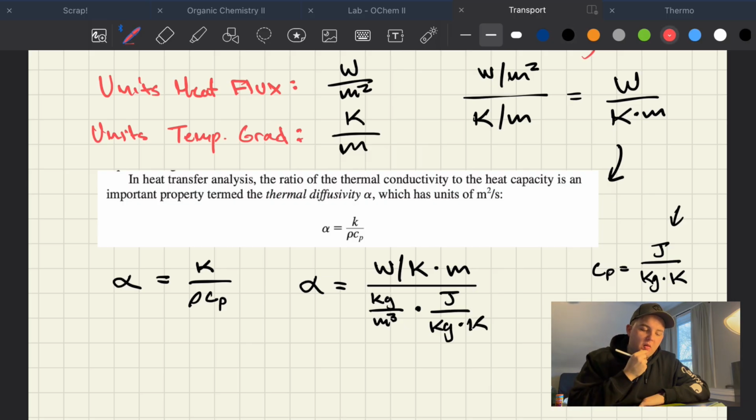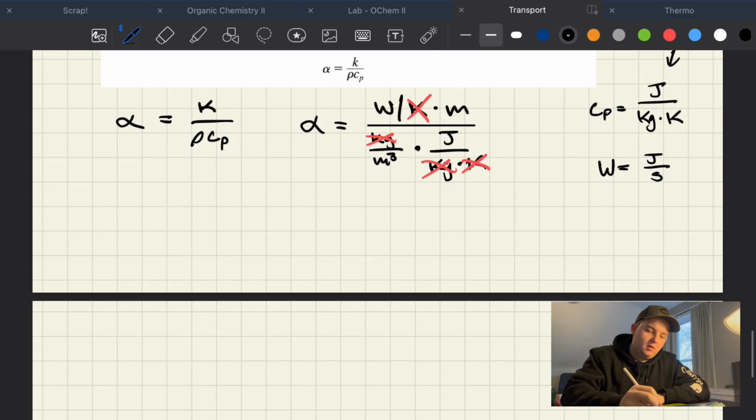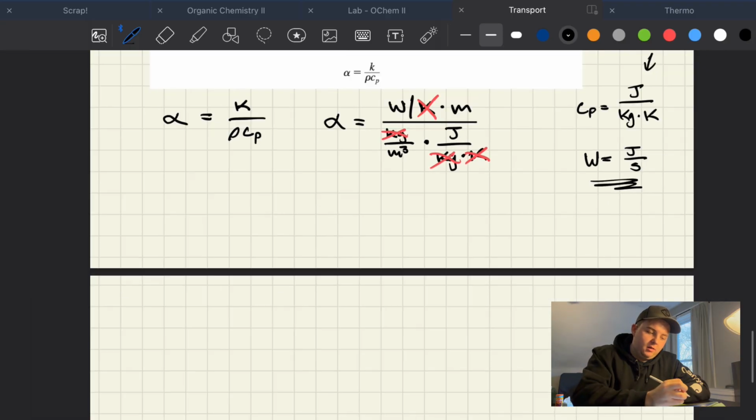So what's going to cancel here is our Kelvins will cancel, and our kilograms are going to cancel. I think that's really it for now. And then we can use this and plug that in.